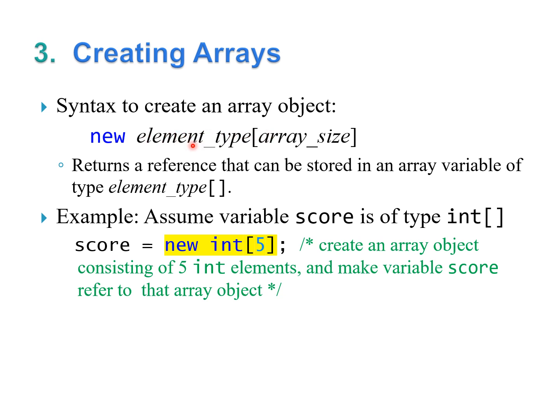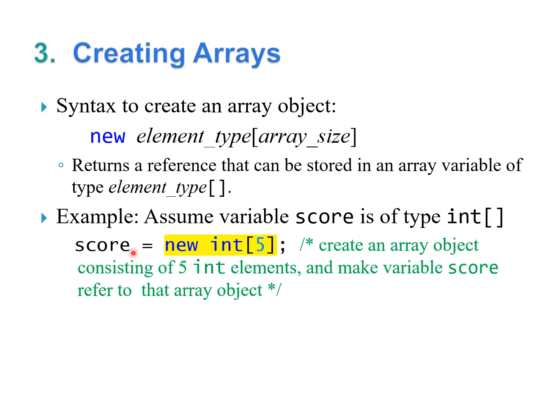For example, assume array variable score has been declared to be of type int left square bracket, right square bracket. Then you can assign score to the expression new int left bracket 5 right square bracket.